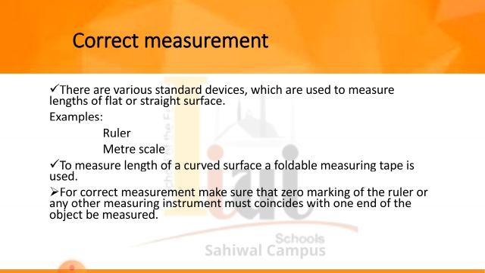Then wrap it around the circumference, and when you come back again to point A, the reading on your foldable measuring tape must be the exact value of the circumference of that cylinder, that is 50.6, as mentioned on page number 123.